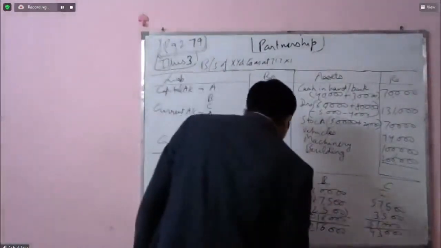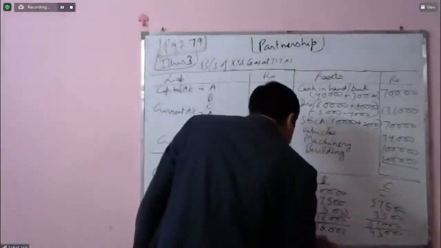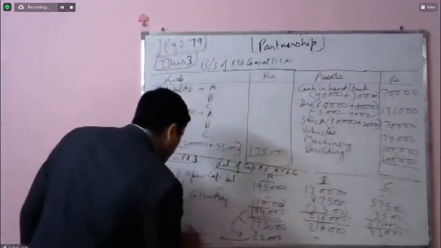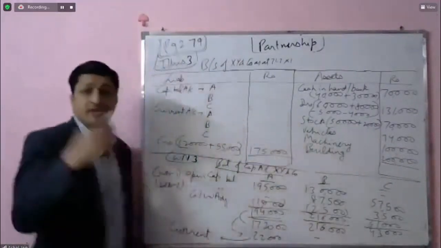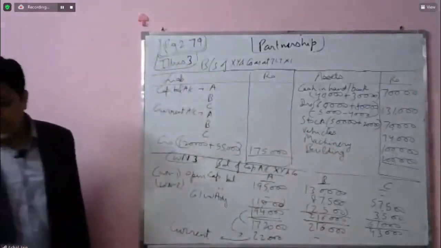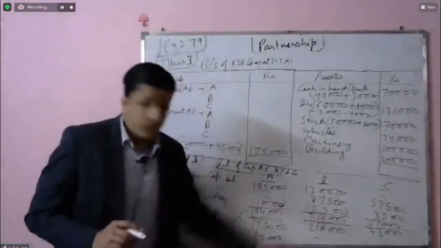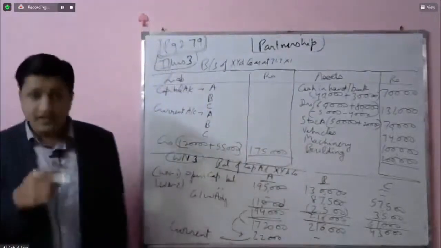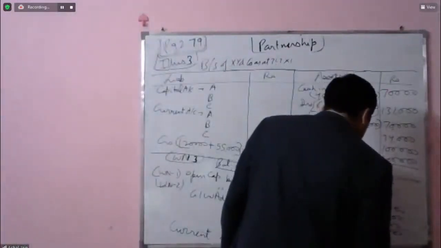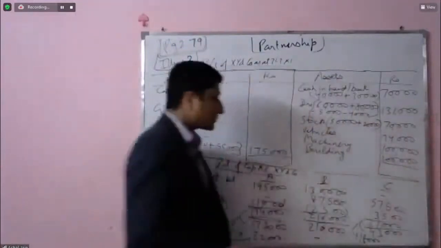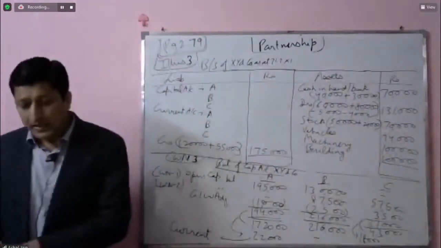This is 22,000, this is excess. Where will it go? Current account. The question said that any excess or deficit will go to current account. And this was 43,000 required, again 61,000. So 18,000 is the excess. So this 18,000 will also go to current account.